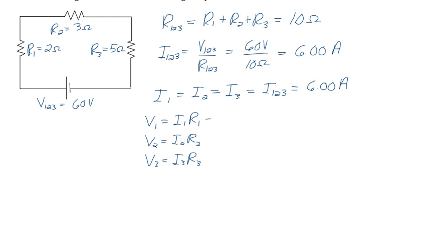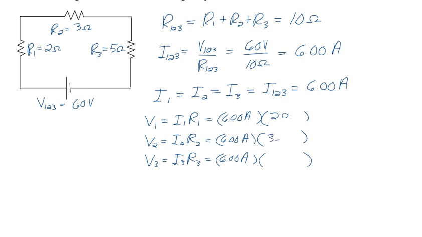And so this one is going to be I1 R1, I2 R2, I3 R3, and in all 3 of these, the current is 6 amps. And the resistors, I've got 2 ohms, 3 ohms, and 5 ohms.